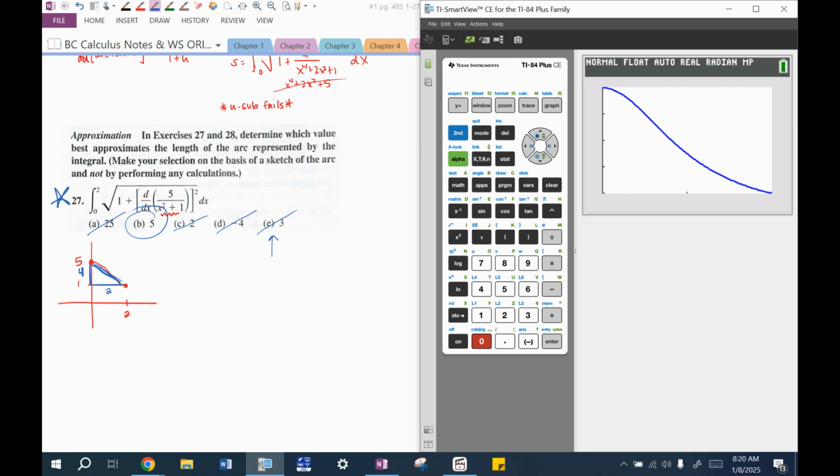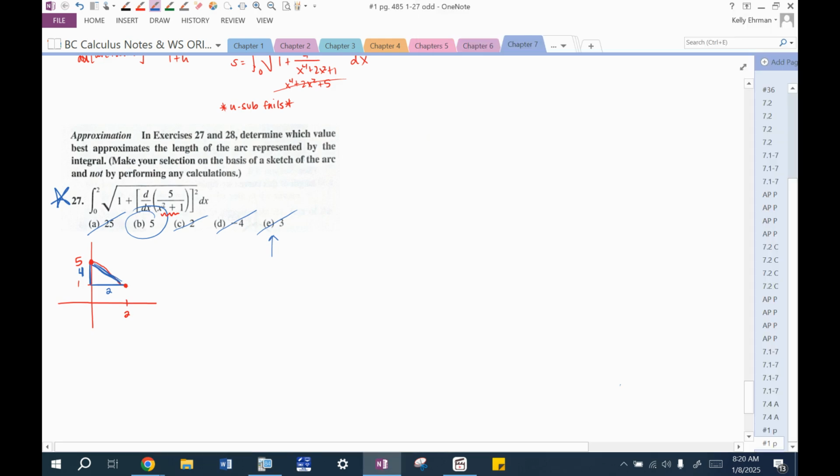The triangle isn't going to have a hypotenuse of 3, but maybe it's because 5 would be an overestimate. Maybe that's it. I don't know. We're coming back to this one. My video is already way too long, I'm sure. So we can talk more about this in class, or if any of you want to investigate it further, do that.